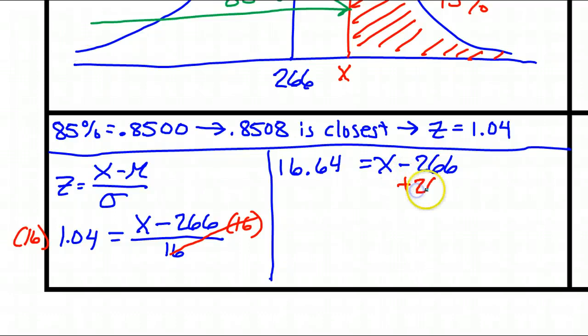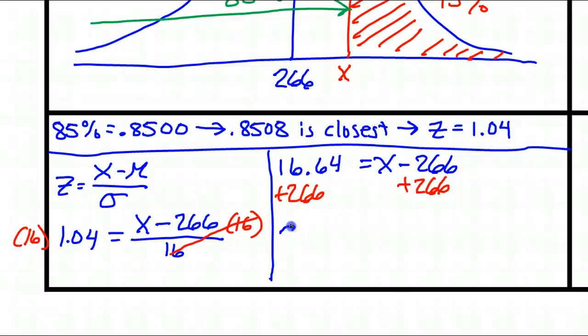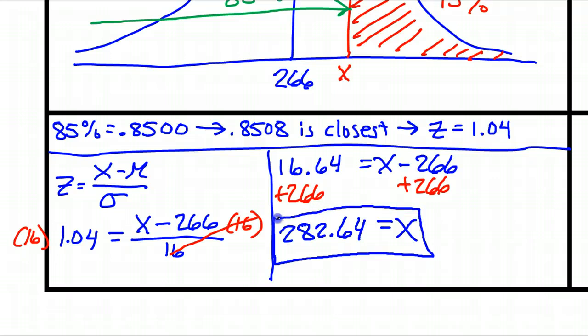All right, now we add 266 to both sides. So plus 266. And that gives us 282.64. And that is really the answer.